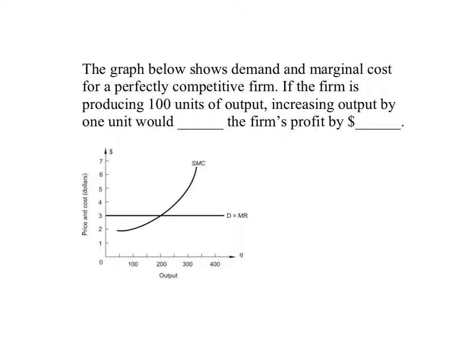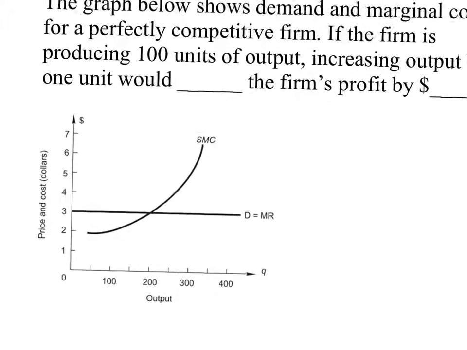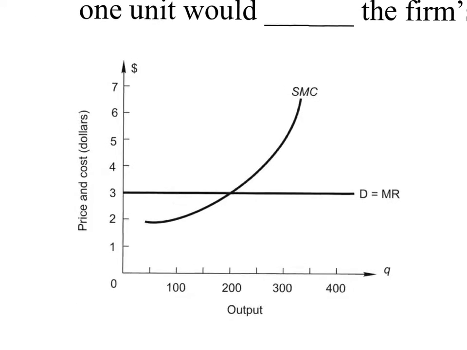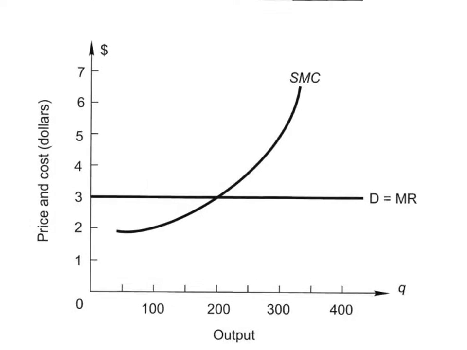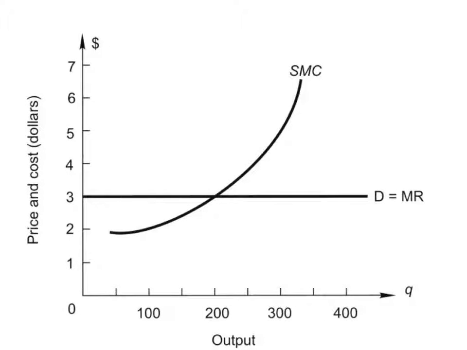I'm going to first of all expand this to make this a little bit easier for my 49-year-old eyes to see. Okay. And so first of all, let's notice that using the profit maximization rule, marginal cost equals marginal revenue, the optimal quantity is 200.